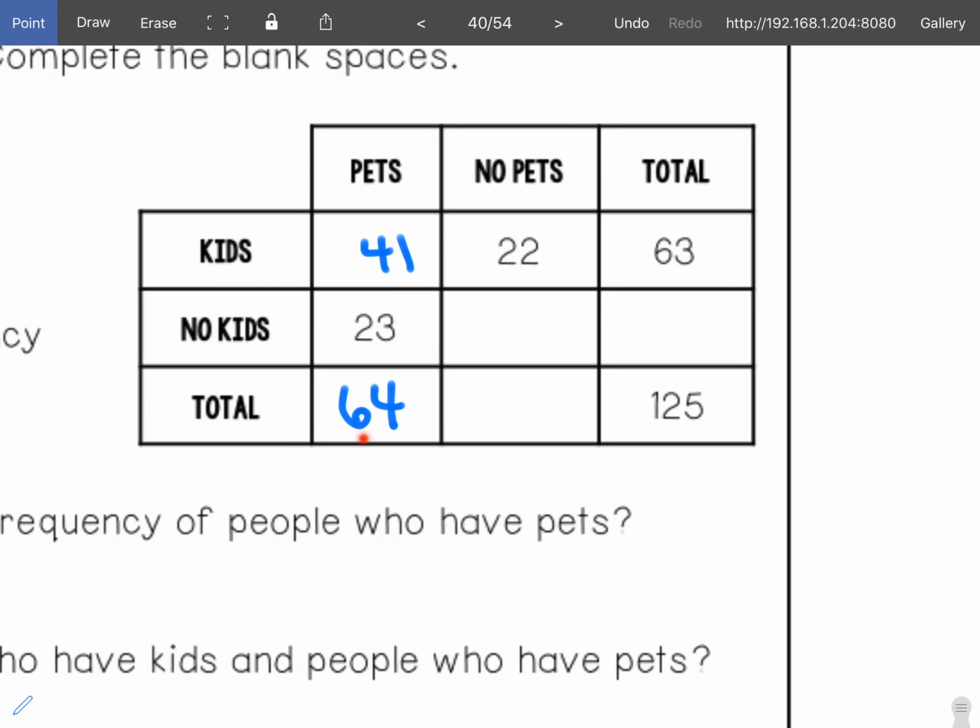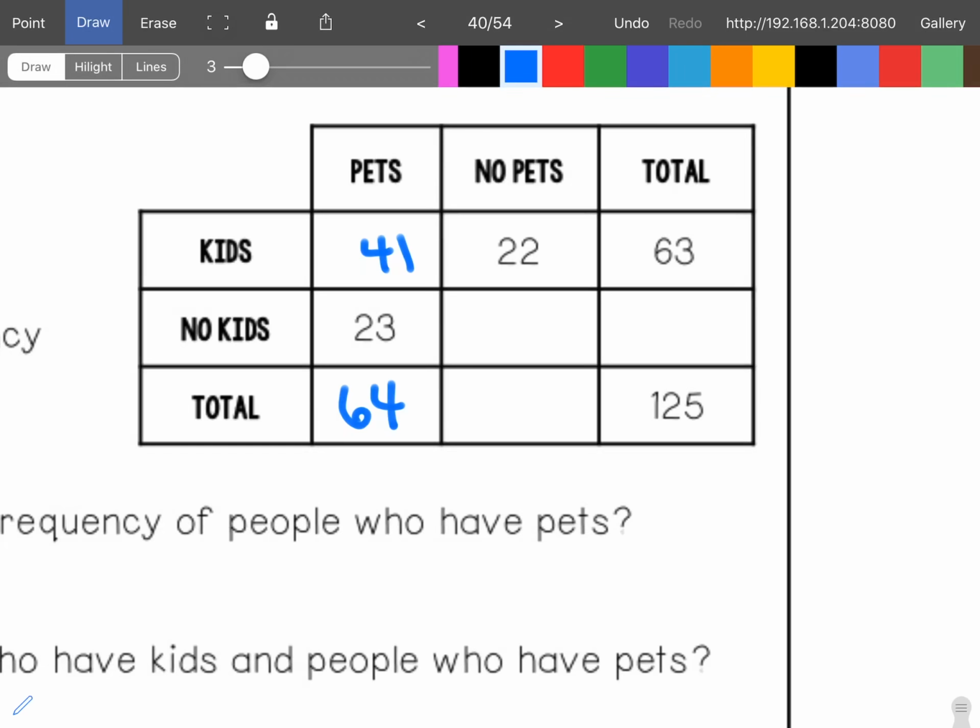Okay, and then if we look at this bottom row, we have a total of 125, and then we have 64 for the pets. So if we subtract, we'll get the no pets. 125 minus 64 is 61.